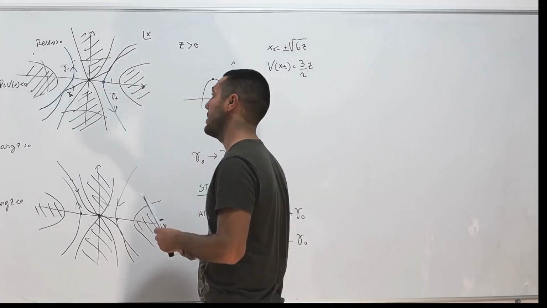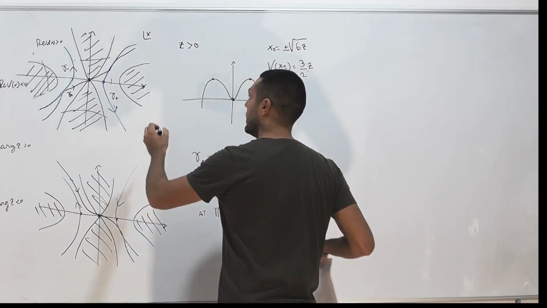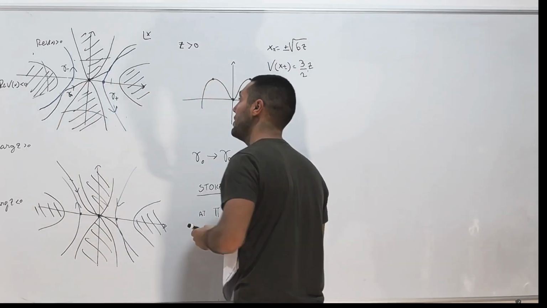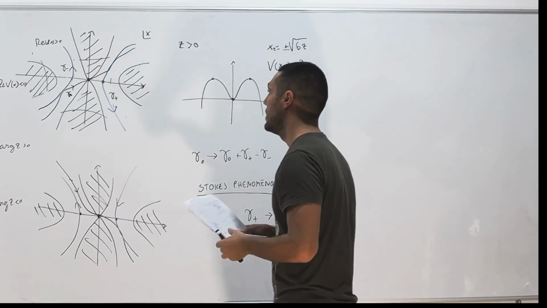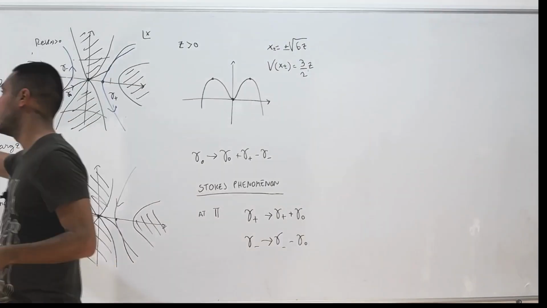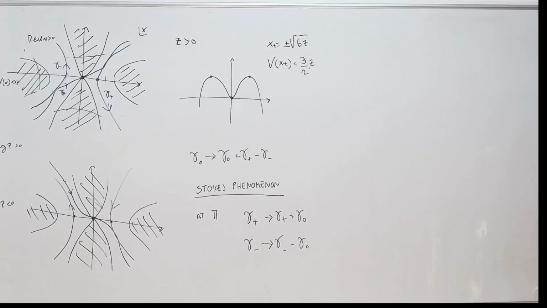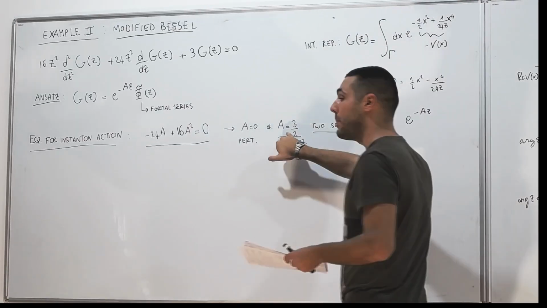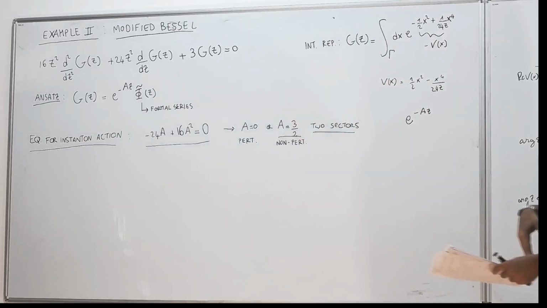So, for example, on the positive real axis, for a solution like this one, e to the minus 3/2, the non-perturbative solution is exponentially suppressed with respect to the perturbative solution.